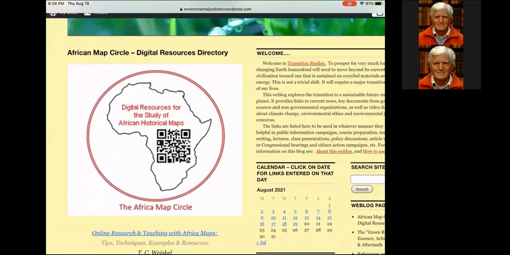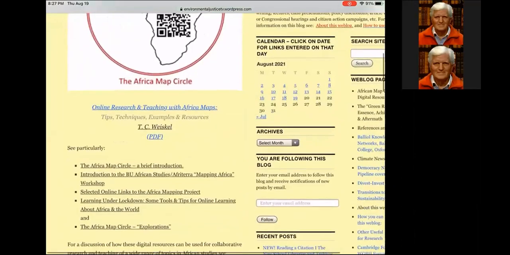So let's now take a look through the Africa Map Circle Digital Resources Directory, how we can look at some of these 17th, 18th, and 19th century maps of Africa and share them digitally across space and time.